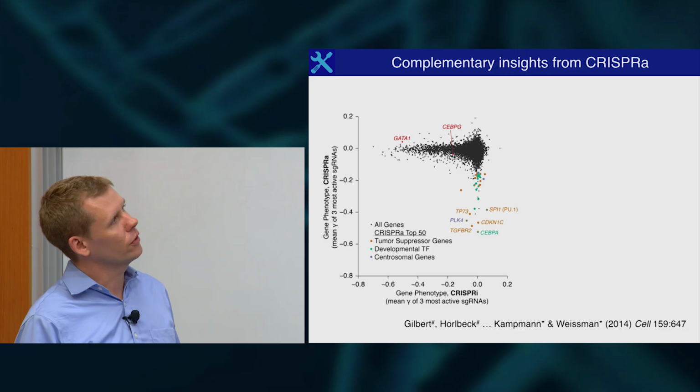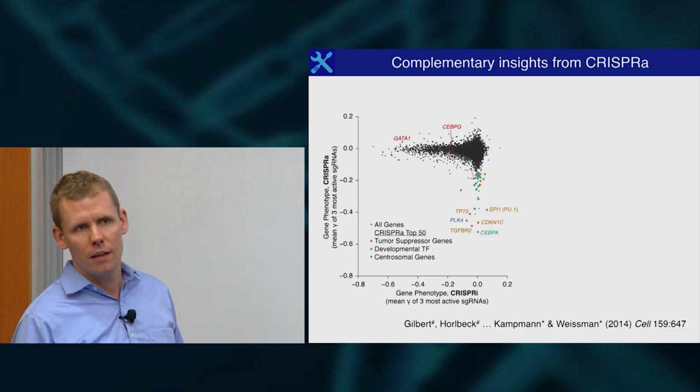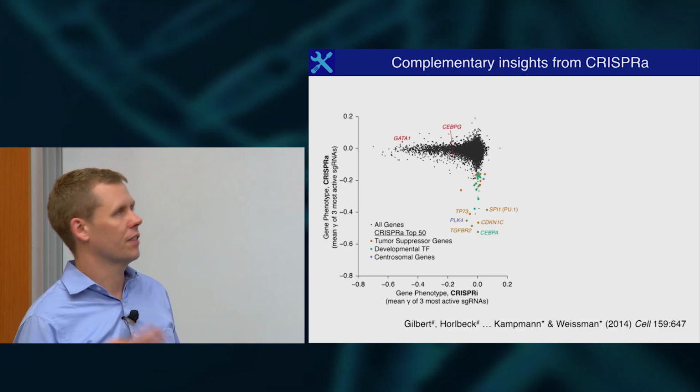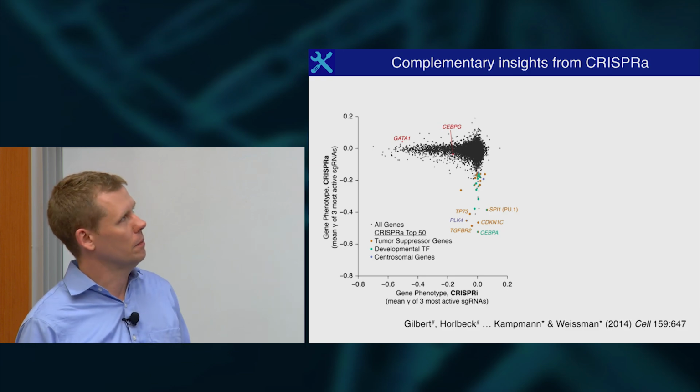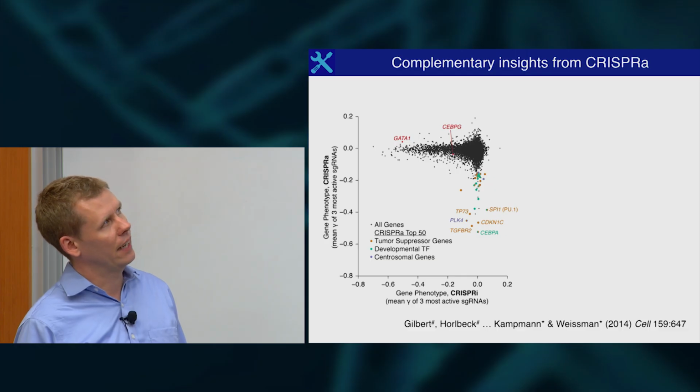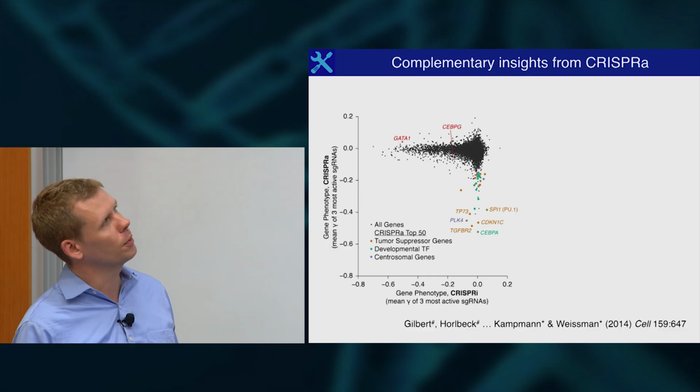And as I showed on the previous graph, the CRISPR-I phenotypes that were negative often represent genes that have housekeeping functions in the cell, just important to keep it going. You see way fewer genes down here for CRISPR-A. Those are genes that are negatively impacting cells when the gene is overexpressed. So this is much sparser, but some genes have very strong phenotypes, and they fall into very specific classes.